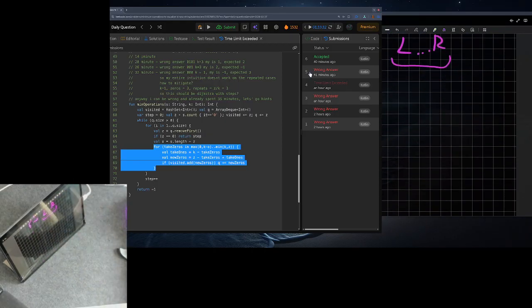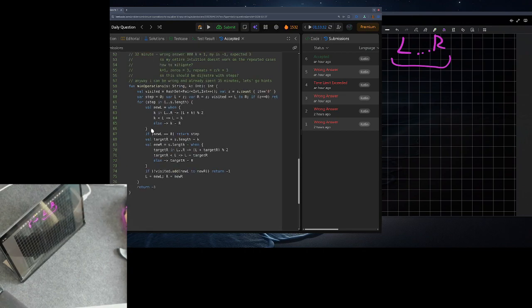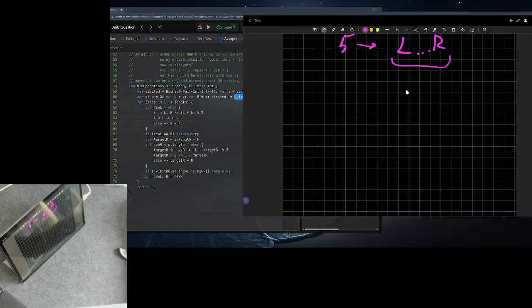Okay, now let's again look at the final code. And this doesn't use the queue at all for the breadth-first search. This is kind of interesting. Instead of using the queue, it uses these left and right pointers, exactly what we think about.